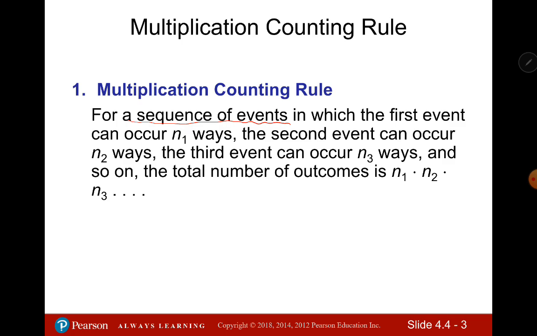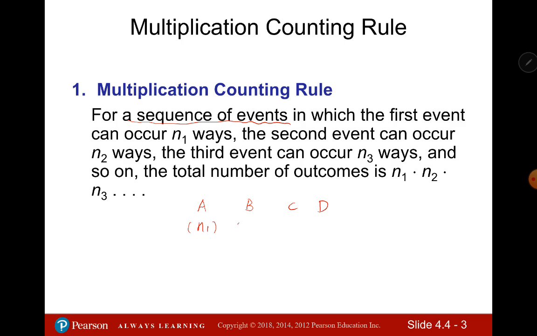We have a sequence of events, for example, events A, B, C, and D. For the first event, we have several choices. Let's say we have n1 choices, which means the first event can happen in n1 ways.